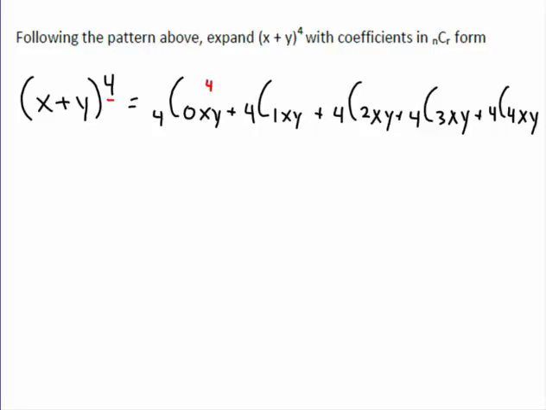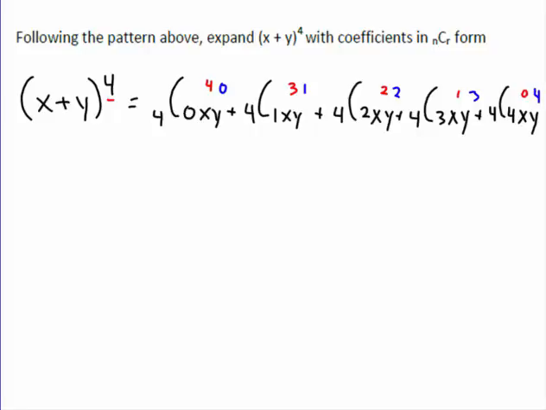So we get 4, 3, 2, 1, 0, and the y's start at 0 and work their way up to 4: 0, 1, 2, 3, 4.